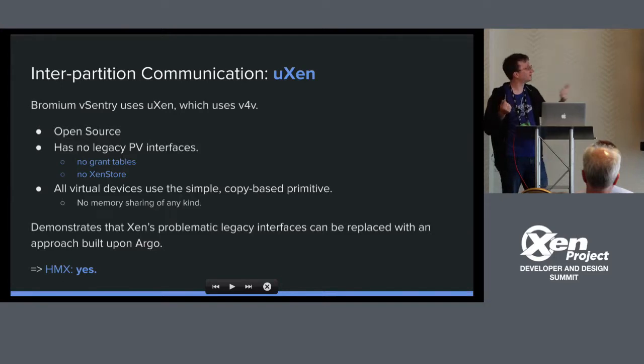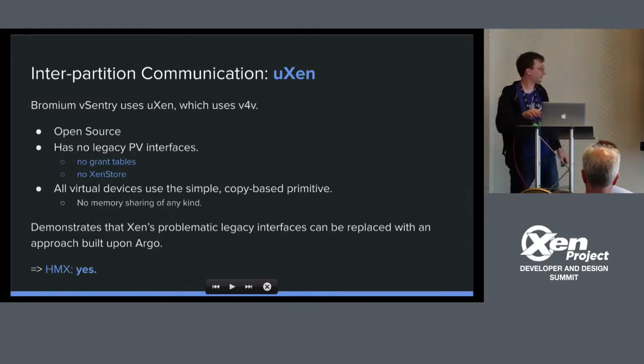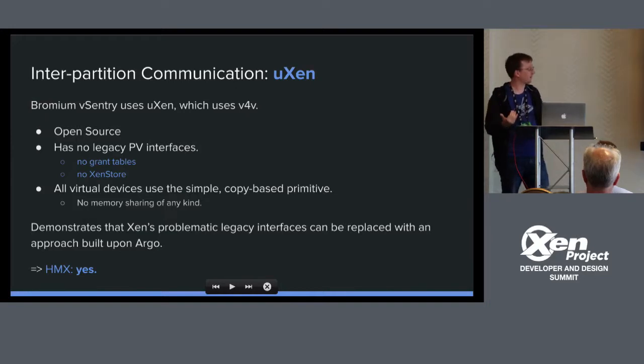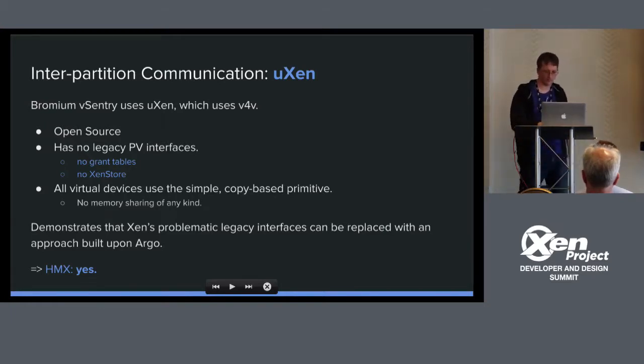In this platform, guests use V4V in support of the PV devices. So there's no grant tables, there's no Xenstore. It's all built on this simple data copying primitive, and this demonstrates that you can get away from Xen's problematic legacy interfaces using an approach built on Argo.